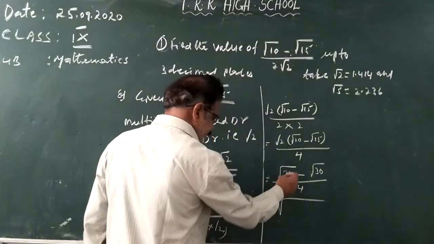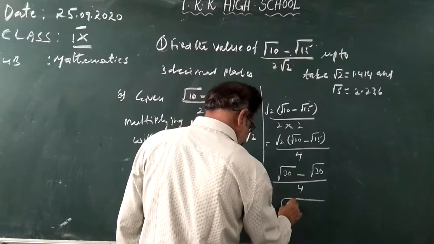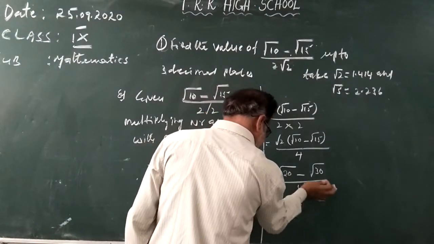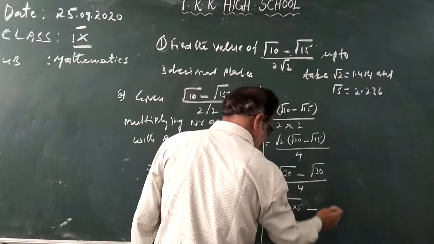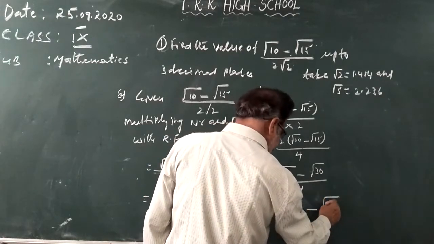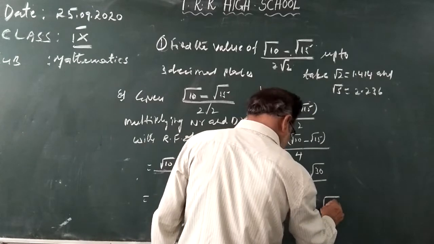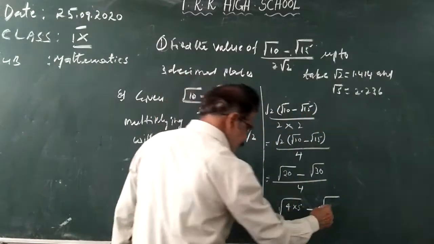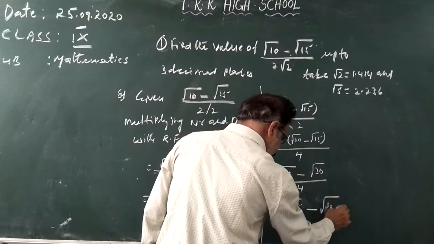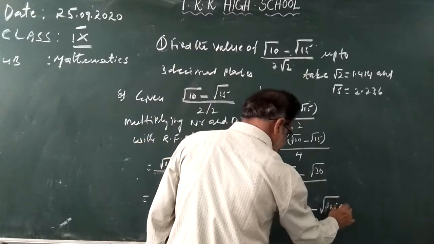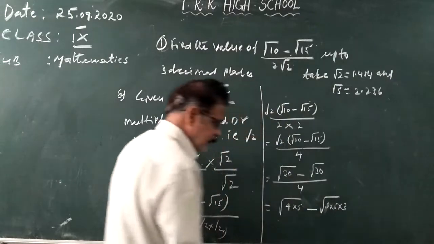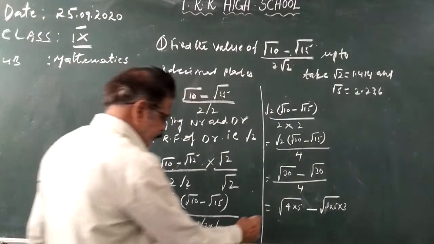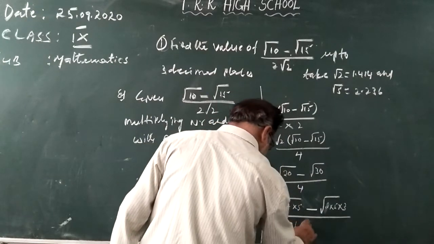This can be written as 4 fives are 20, minus root 30, by 4.